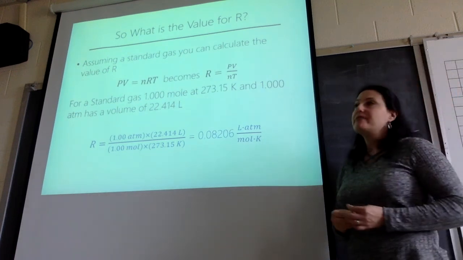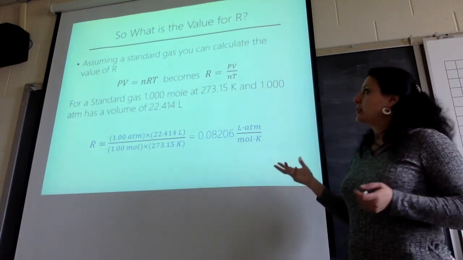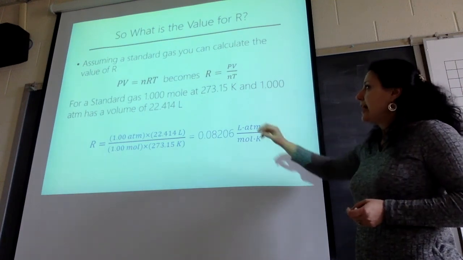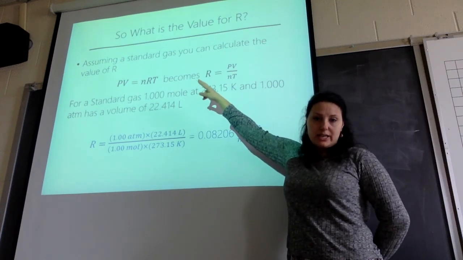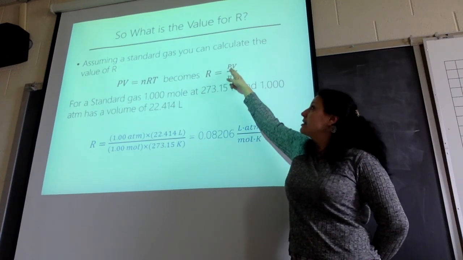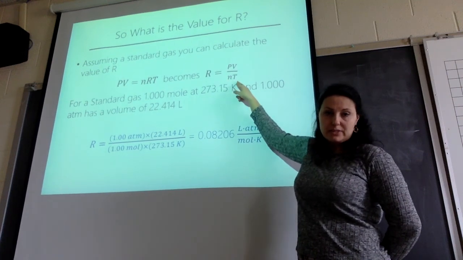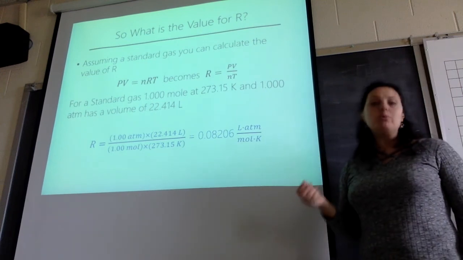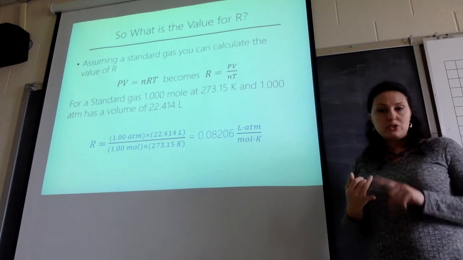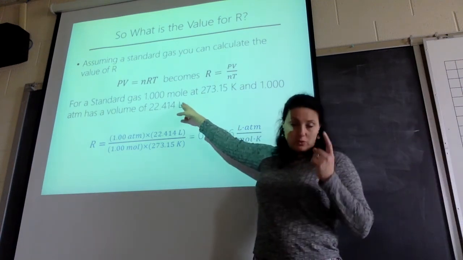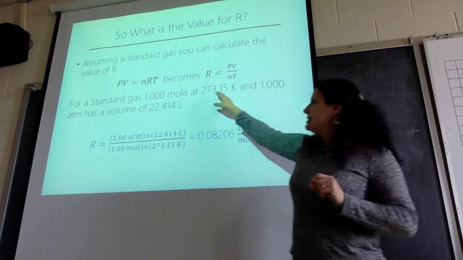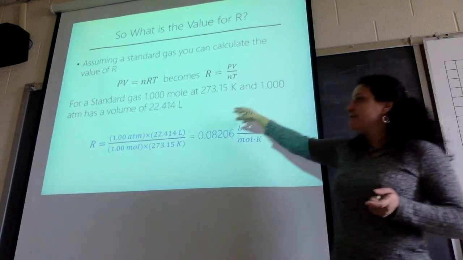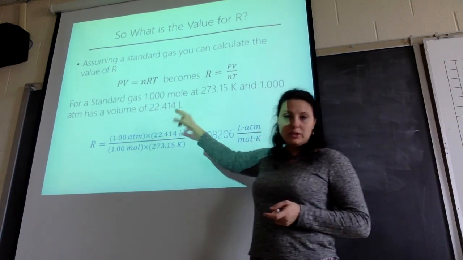If I look at an ideal gas, we can calculate the value for R, the constant. How do I do that? Well, if I take PV equals nRT and I isolate R, I get P times V over N times T. For standard conditions, STP, what did we say? STP is standard temperature and pressure for 1 mole. So 1 mole of gas at 273.15 Kelvin and 1 atmosphere has a volume of 22.414 liters.